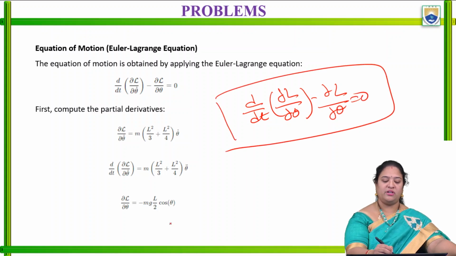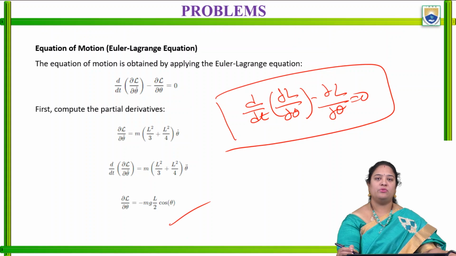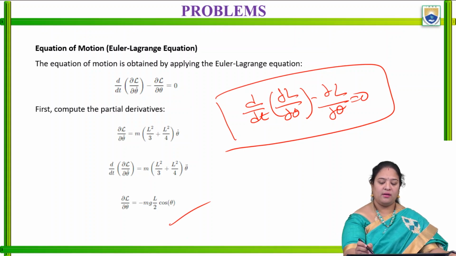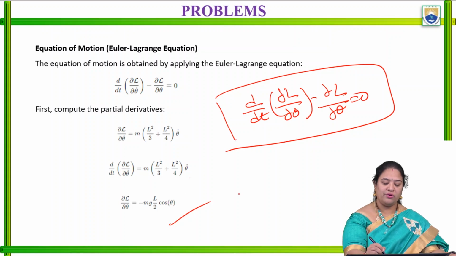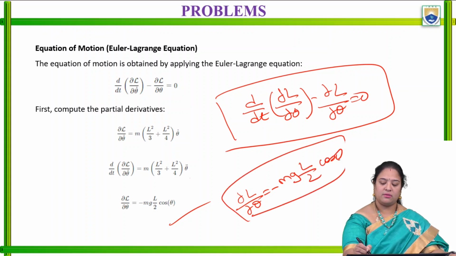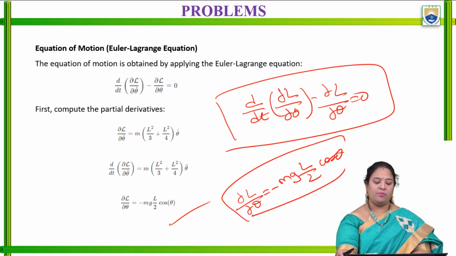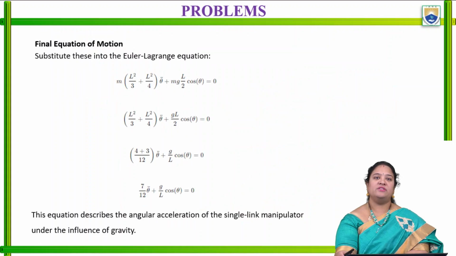In this formulation, we need to write the equation of motion with respect to the Euler-Lagrange equation, where ∂L/∂θ̇ equals m (L²/3 plus L²/4) θ̇, and d/dt of ∂L/∂θ̇ equals m (L²/3 plus L²/4) θ̈. And ∂L/∂θ equals minus mg L/2 cos θ.